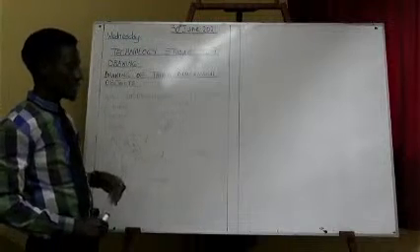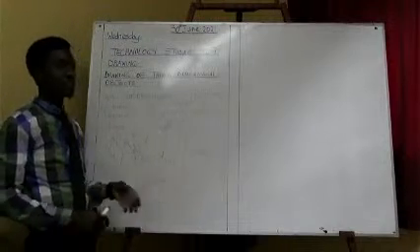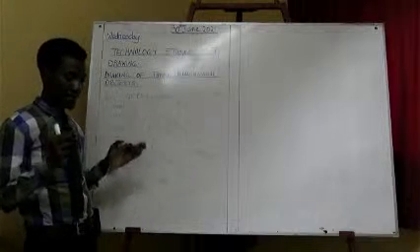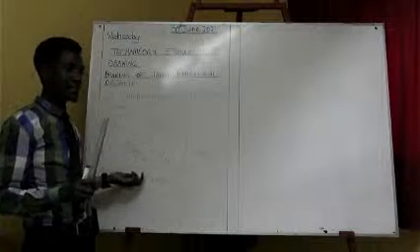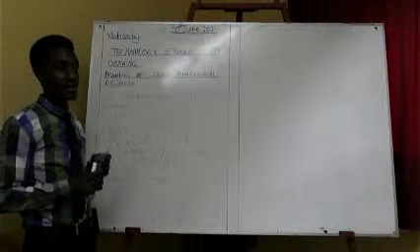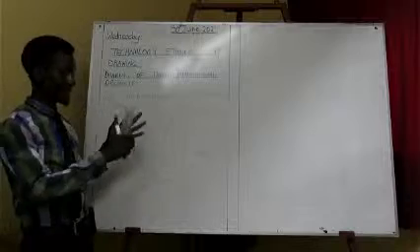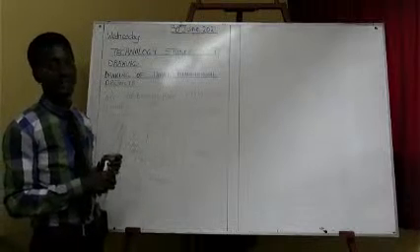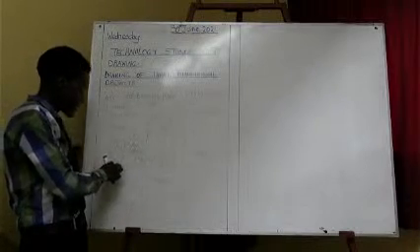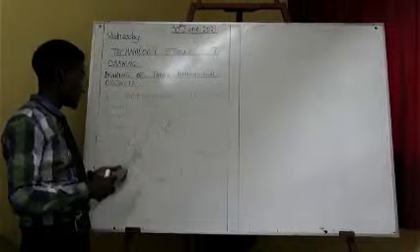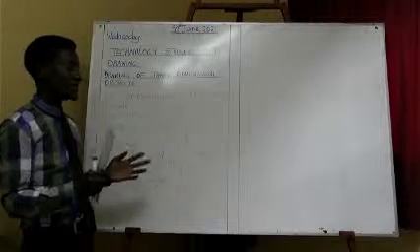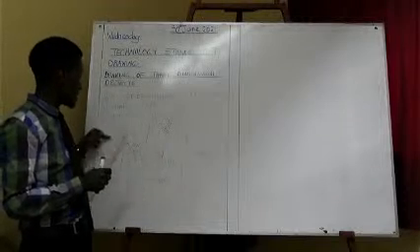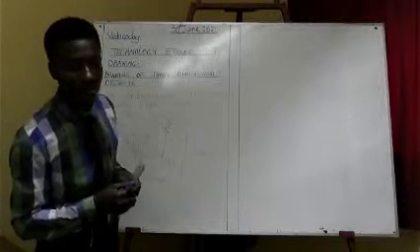For example, the distance from here to there, they don't use anything apart from millimeters or centimeters. But at our level, we'll just use millimeters. Even the height and the width are shown in millimeters.